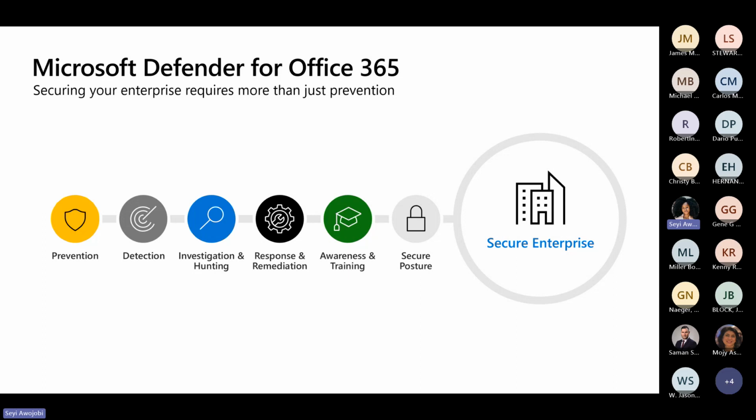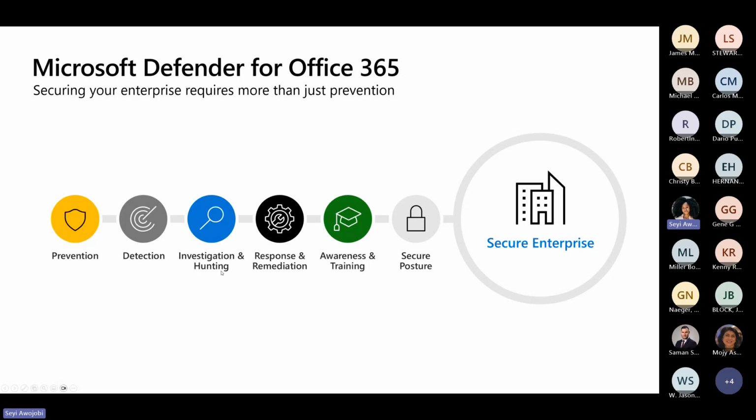Now, having discussed some of the challenges faced by security teams and having heard from our customers the type of solution they're looking for to protect their collaboration environment, we designed Defender for Office to help customers prevent cyber threats by creating policies. It also lets you detect threats if anything comes through and, importantly, makes it easy to investigate and hunt them.